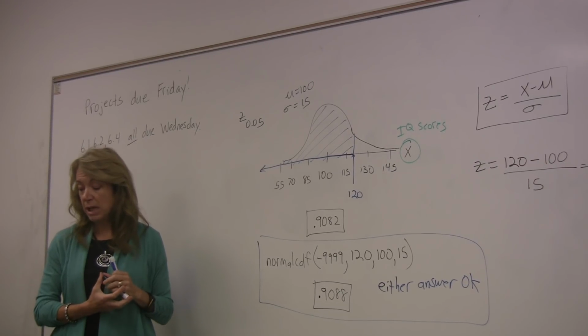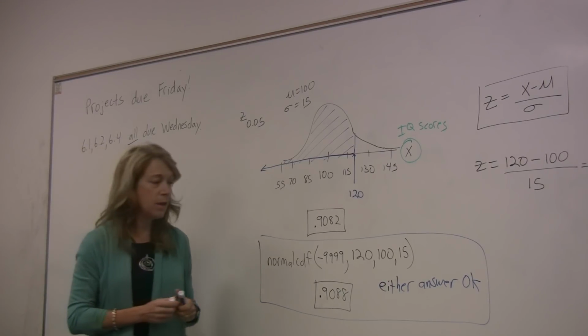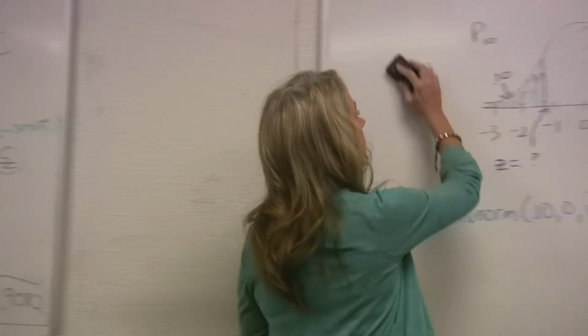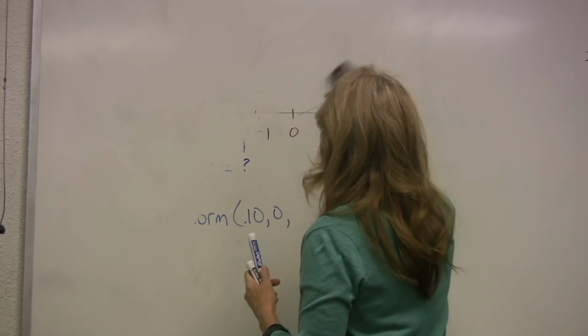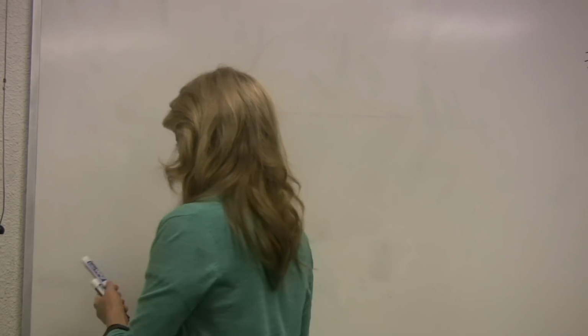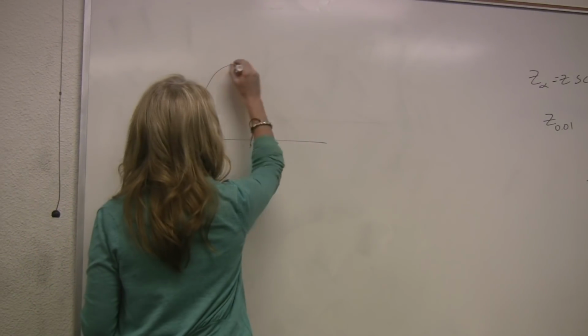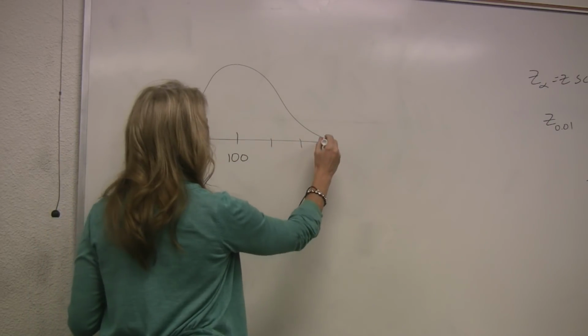So let's do B. What percent of adults have IQ scores above 140? My picture should be the same every time for this scenario. 100 is the mean, and I'm counting by 15s.